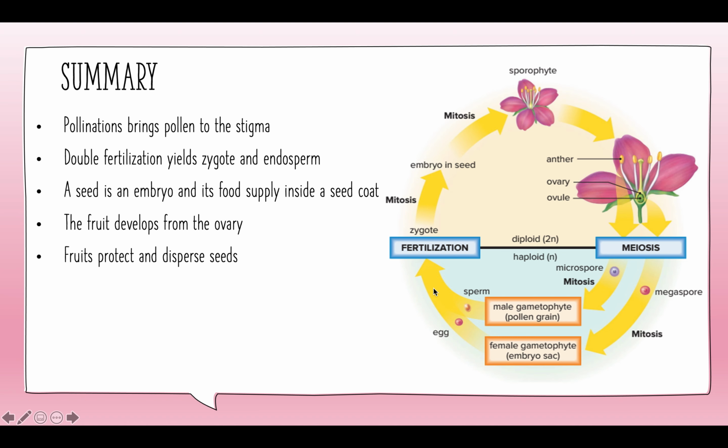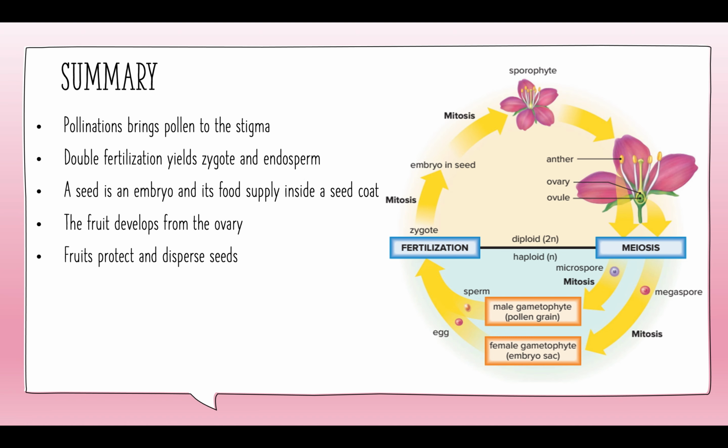Now, in summary, pollination brings pollen to the stigma. Pollination is the placing of pollen on the stigma of a carpel. Double fertilization yields zygote and endosperm. After pollination, the pollen tube discharges two sperm into the female gametophyte.